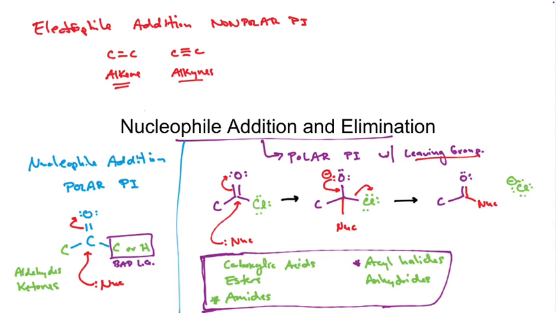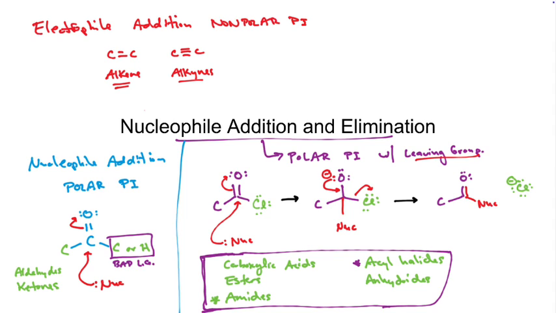So the polar pi bonds with leaving groups oftentimes go through multiple reaction cycles because they still end with a polar pi bond. A lot of that depends on the strength of the nucleophile and those typical scenarios. Okay? And we'll look at that a little bit in just a bit.